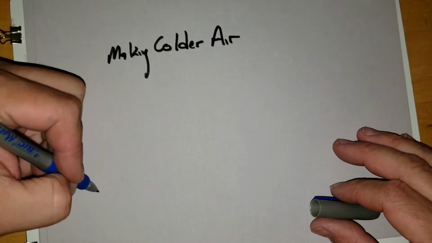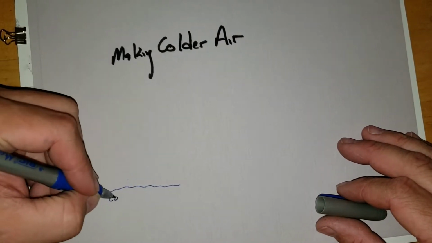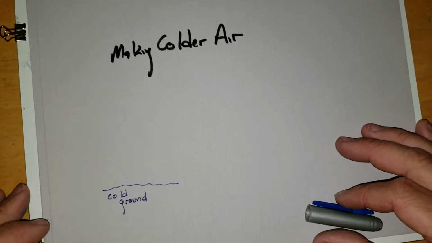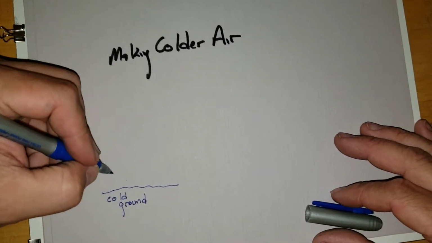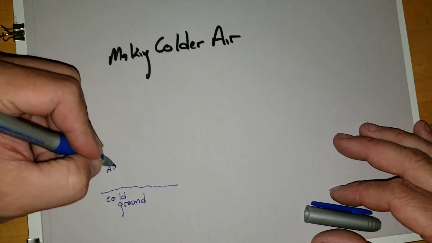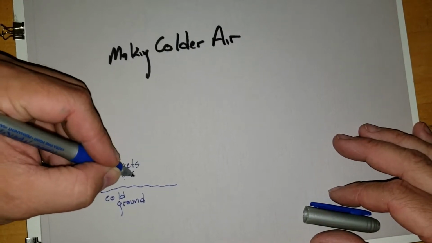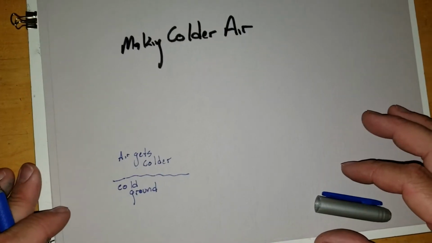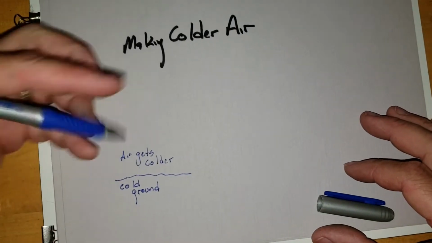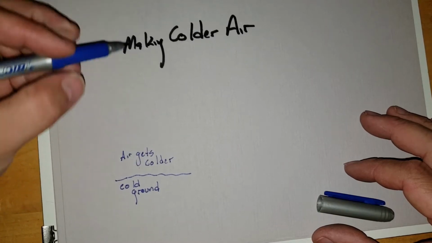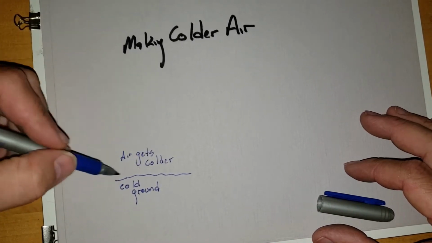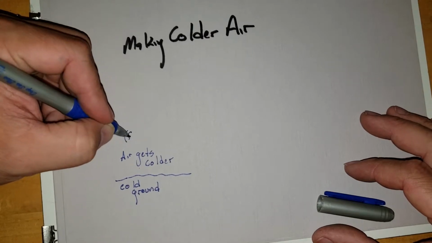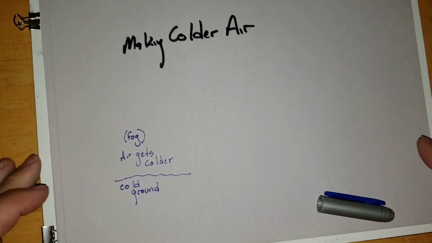The ground gets cold at night, and that causes the overlying air to get colder. We see this in the wintertime here in the Central Valley. We call that a cloud that is down on the surface our fog. So this is one way that we can do it. That's going to form fog right there.